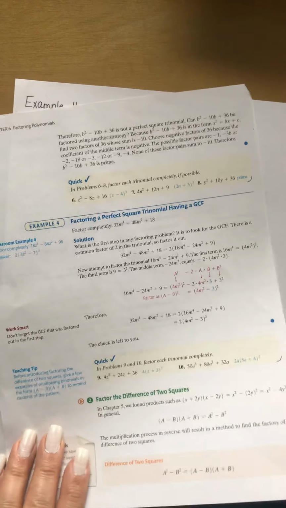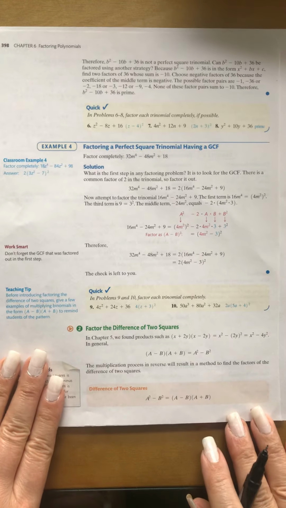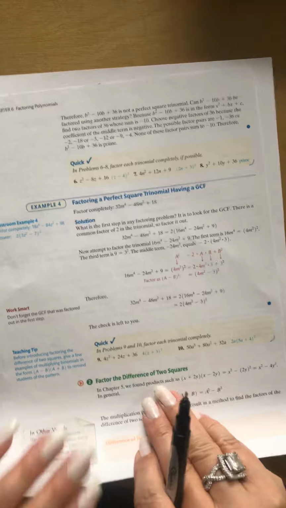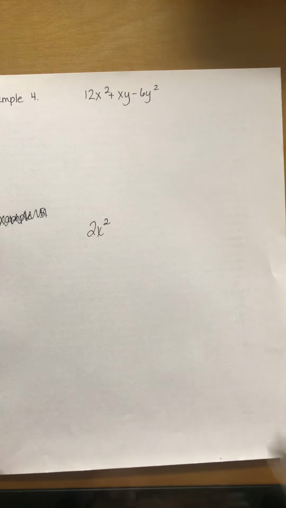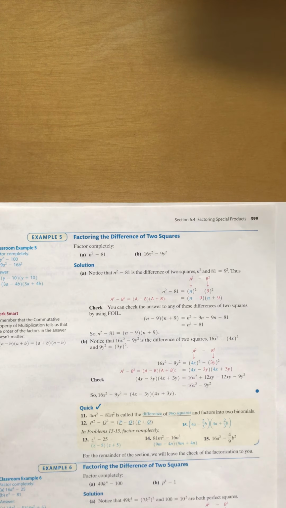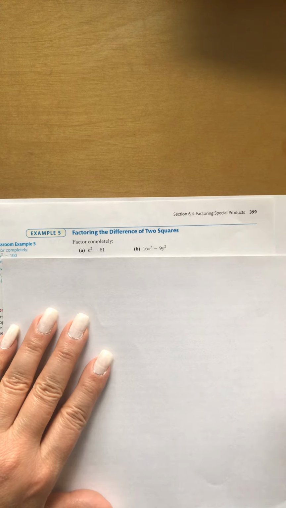The next one is called the difference of two perfect squares. So what do you do when you have only two terms and a minus sign in between them? It has to be two terms, a minus sign in between, but both terms are perfect squares.